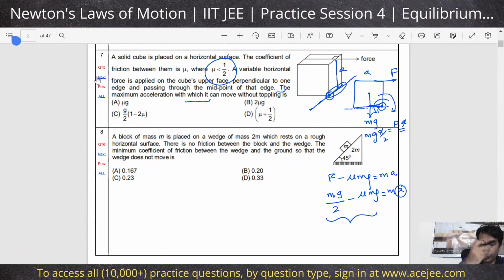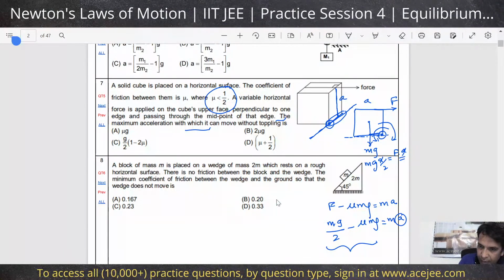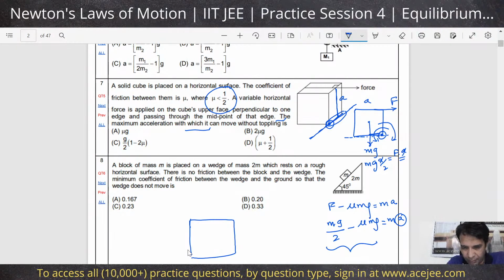Oh yeah, sure. Okay, so what you're saying is, let me write the torque about the center, right?